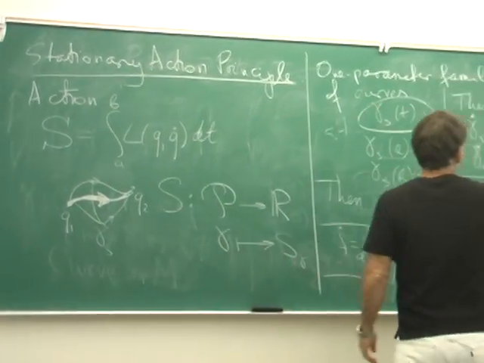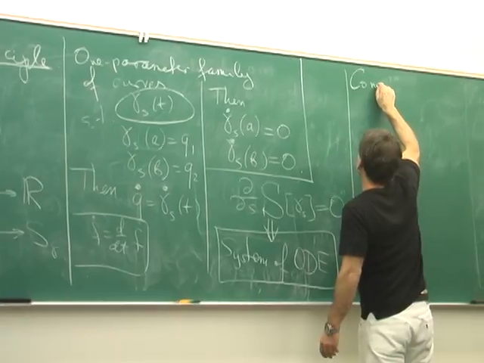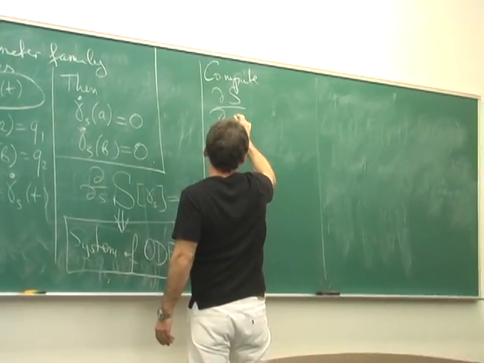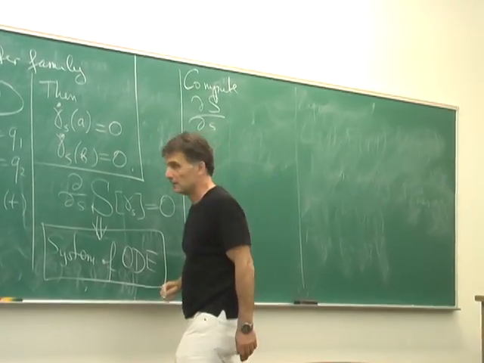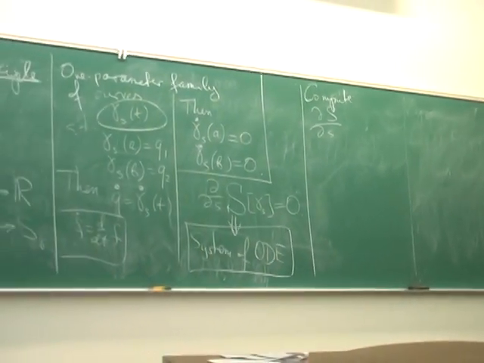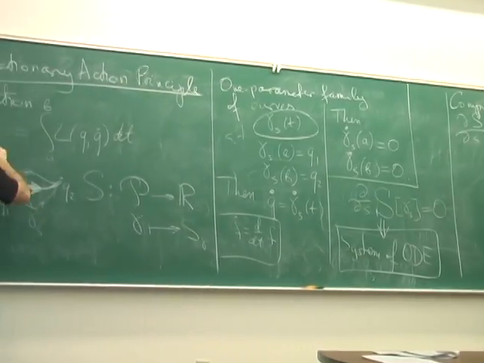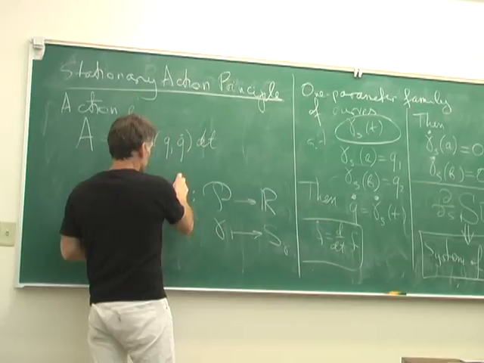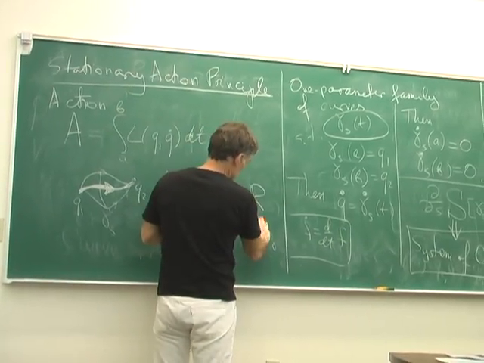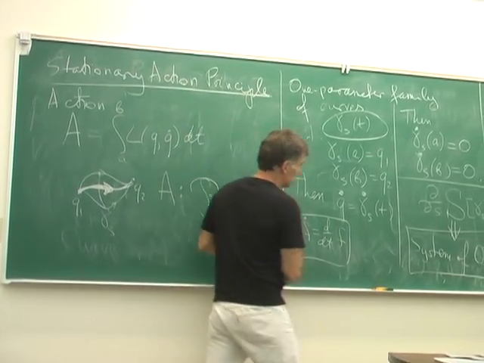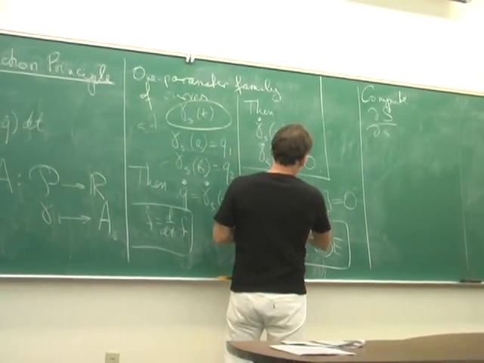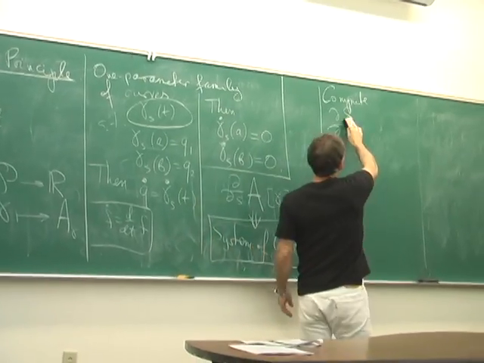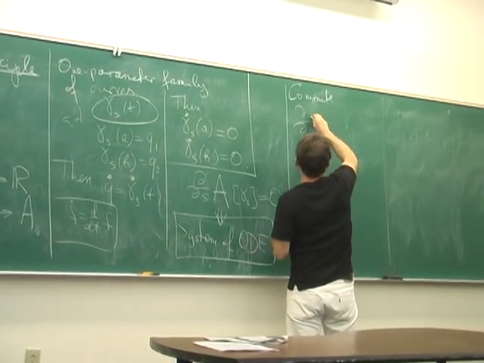So we compute d by ds of, let me just denote it as A for action, so you don't confuse it. So I'm going to compute this derivative and set it to 0.